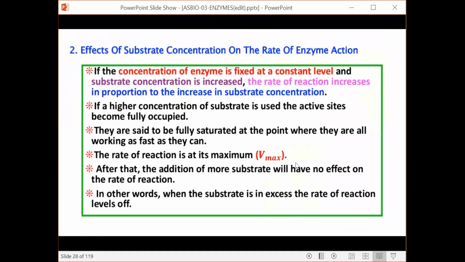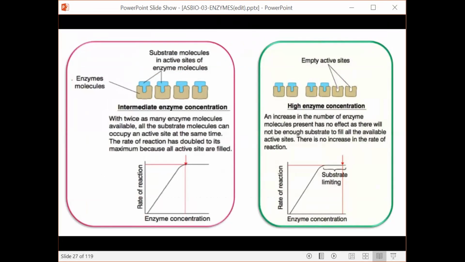At this point we call substrate the limiting factor, because whatever enzyme can do to increase the speed has been done. Further, enzyme is no longer limiting. Enzyme is not restricting the velocity of the reaction anymore. Substrate limit has been reached.